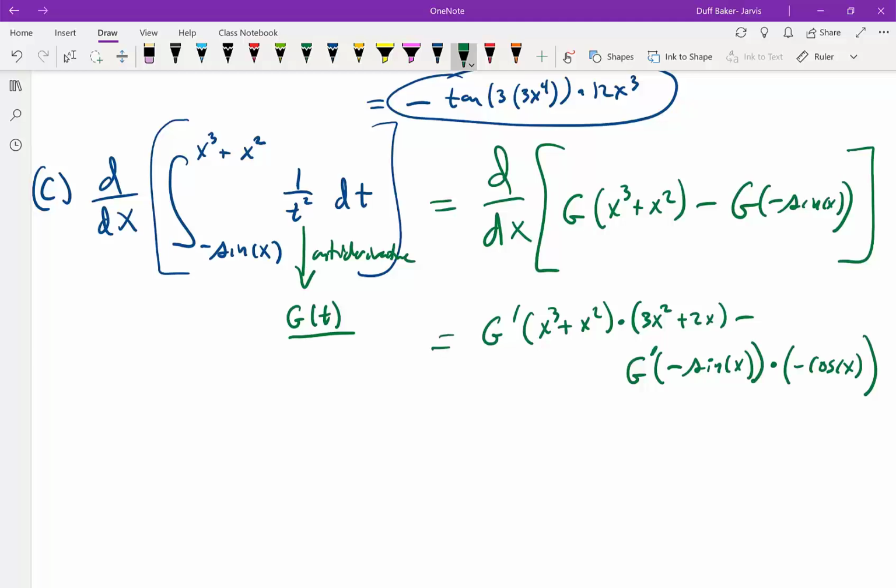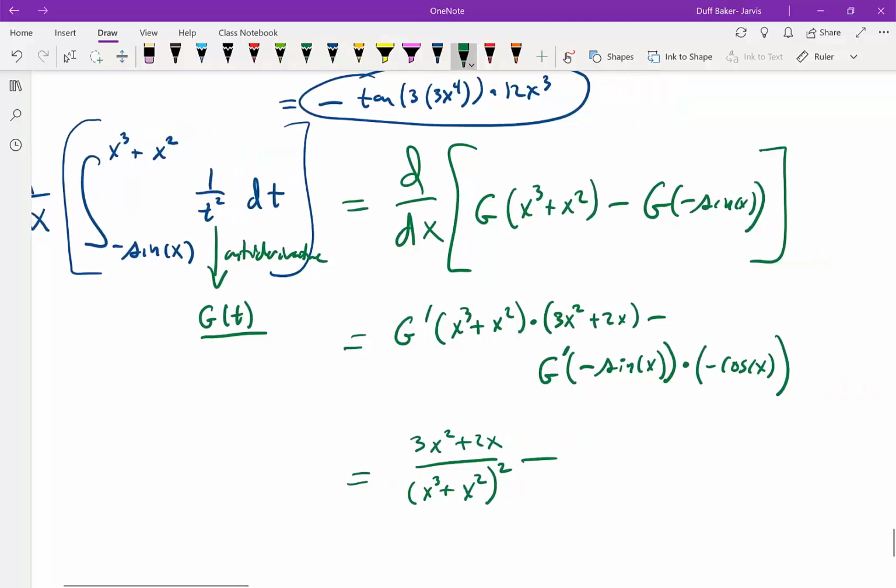But we know that the derivative of g is just 1 over t squared. So what you would get is this mess. Plug this into 1 over t squared. And then we'd have times 3x squared plus 2x.